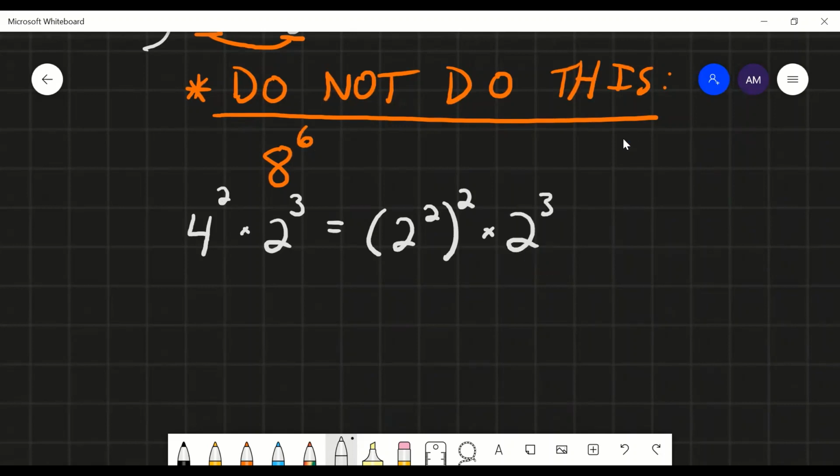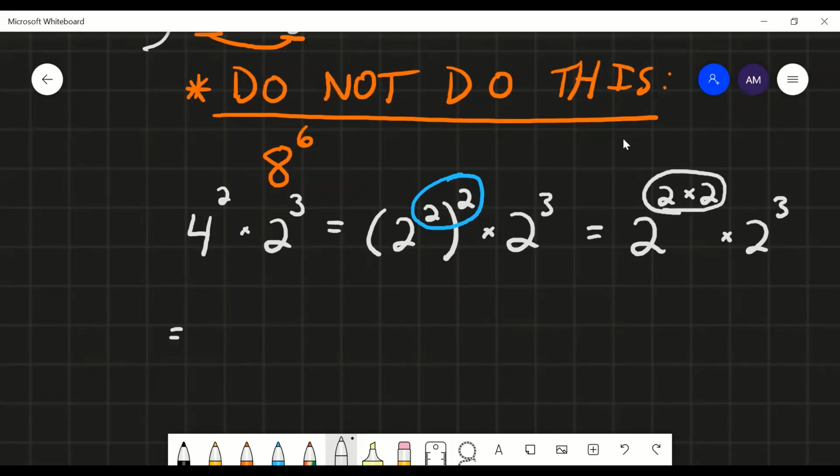So if I replace the 4 with a 2 squared and I change nothing else, it looks like this. Recall what happens here. This would cause a multiplication of the exponents. So this is 2 to the power of 2 times 2 times 2 to the power of 3. So there's plenty of 2's here. And evaluating this exponent would be 2 to the power of 4 times 2 to the power of 3.